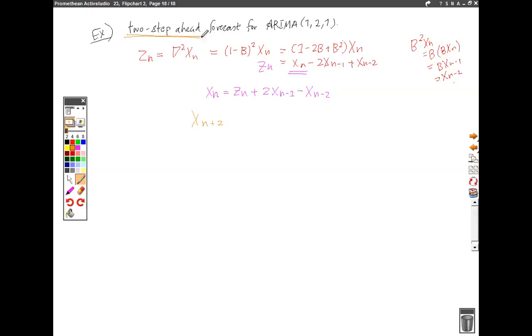If I rewrite this expression using n plus 2 instead of n, I will have Zn plus 2, plus 2 times Xn minus 1 plus 2, which is n plus 1, minus Xn. Is this clear to everyone?